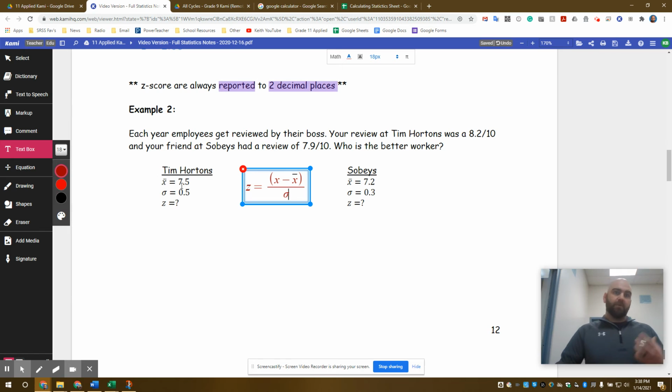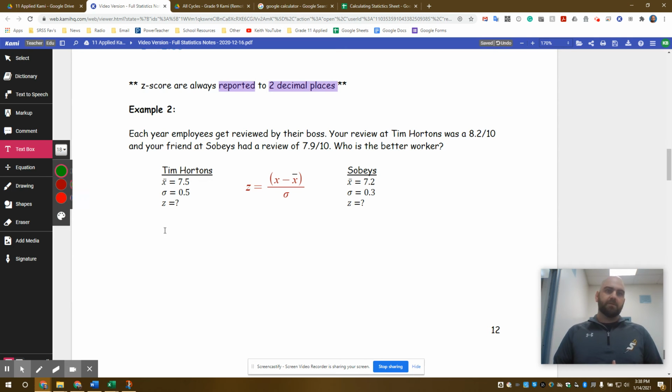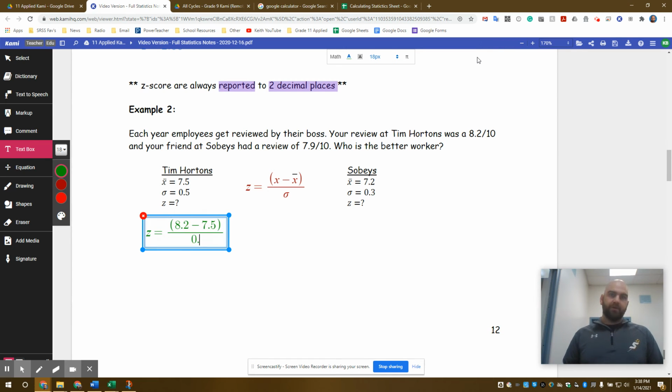So let's look at Tim Hortons here. We have a mean of 7.5 and a standard deviation of 0.5. And you at Tim Hortons, you got an 8.2, which is not bad. Okay, so Z is equal to 8.2 minus 7.5 over 0.5.